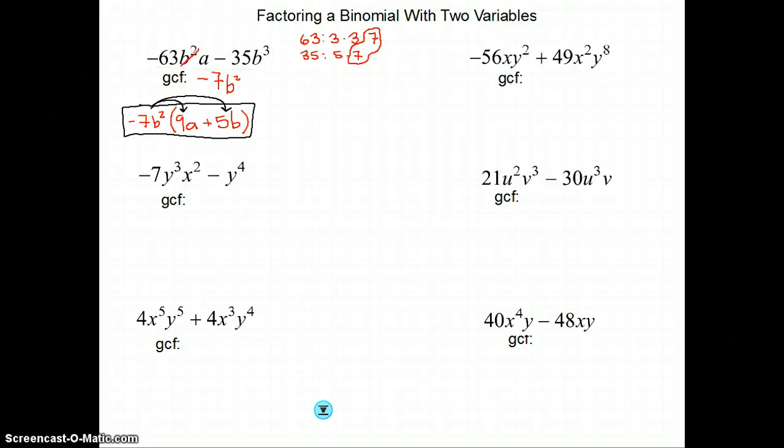To the right, my first step is going to be to identify the greatest common factor. And again, since my leading coefficient is negative, I am going to make sure that I factor out a negative to make that number positive.